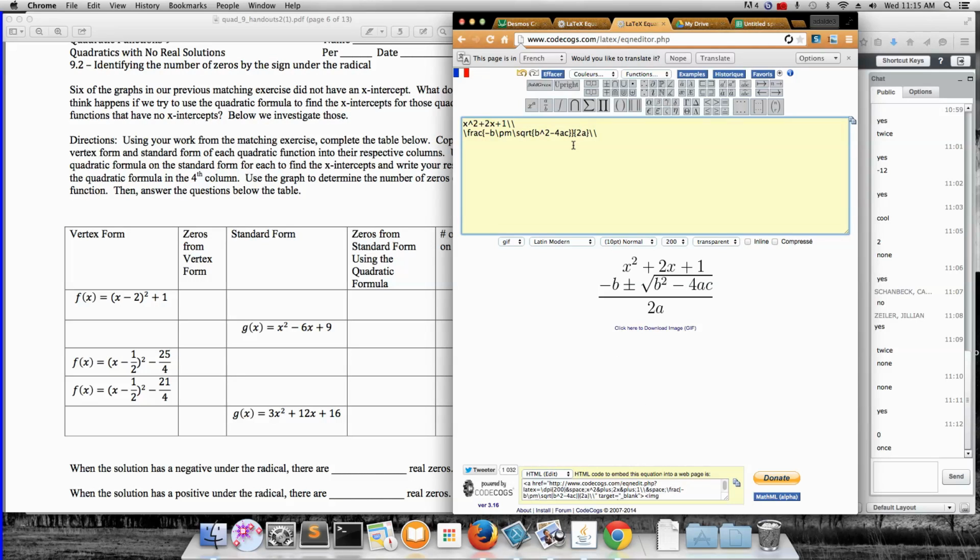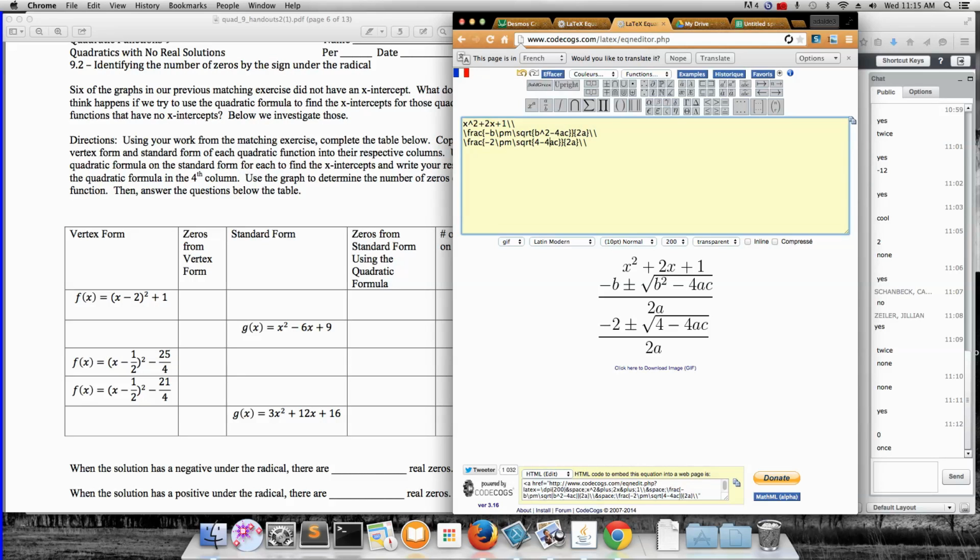All right, essentially, watch. I'm going to take this and plug it into my quadratic equation. Check this out. Ready? Negative b, that would be negative 2, right? Plus or minus the square root of b squared. So what is 2 squared? That's 4. Minus 4 times a times c.